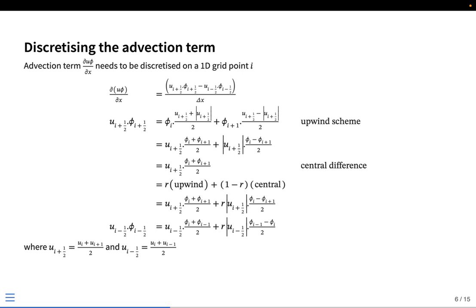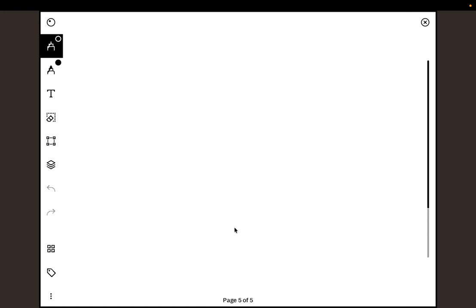The most important part in the Navier-Stokes equation is the advection term, and how we get equations for this advection term is what we will see now. Say you have a term like del by del x of u phi, where phi can be any quantity: velocity, temperature, concentration, or any other transport quantity you have. We take the same grid.